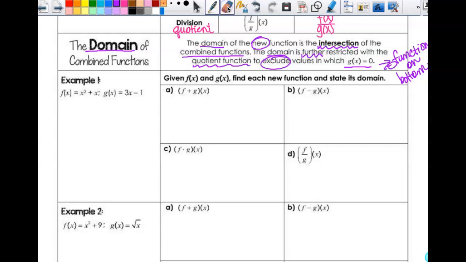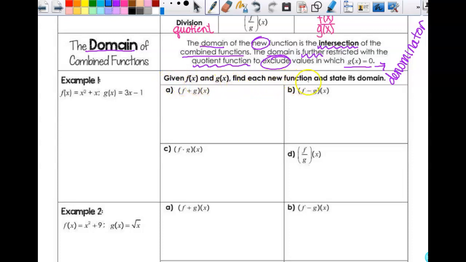I'm going to change that to denominator. It makes a little bit more sense.